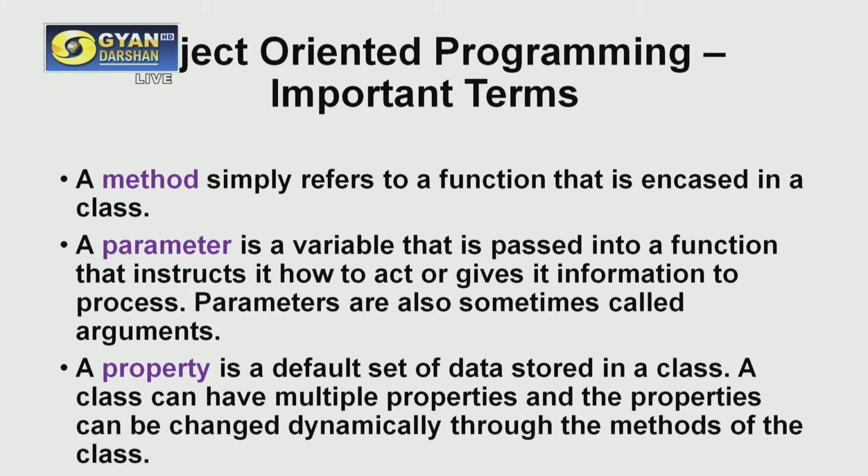Apart from this, each and every class has some methods, which refer to the functions that are encased in a class, and these functions are facilitated by some parameters, which are the variables passed on to the function to perform some instructions.